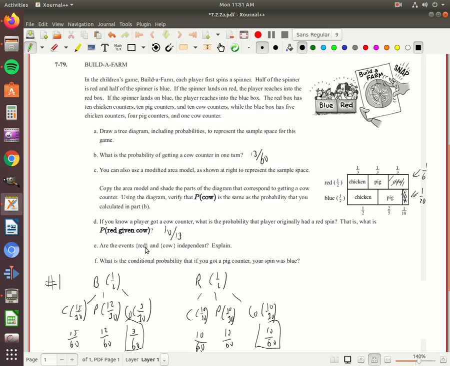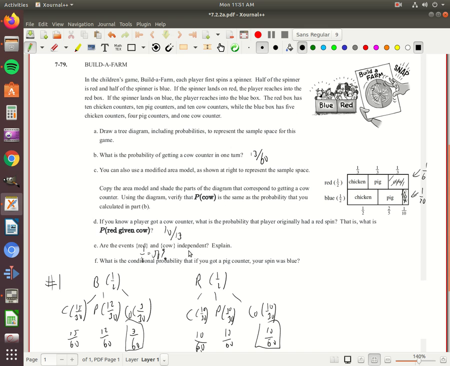Now it says, are the events of red and cow independent? I would say no. So let's see here. First of all, what are the odds you get a red? It's 1 in 2, or 50%. And now, given that someone had a cow, what are the odds that it's red, right?